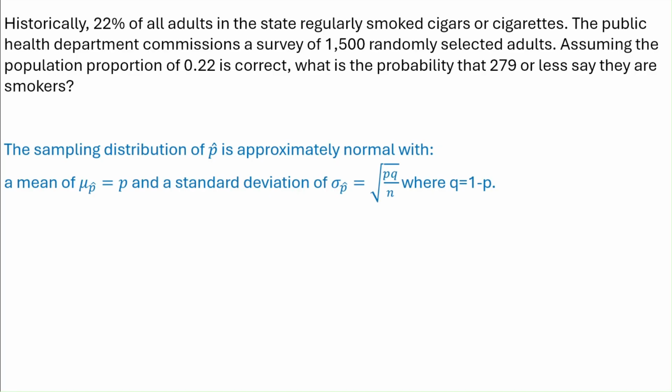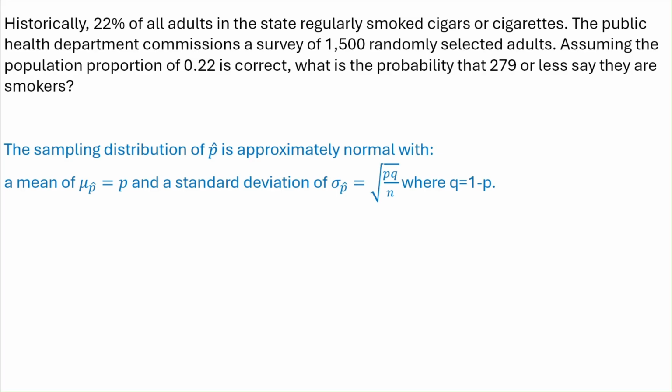Okay. So the sampling distribution of our sample proportions is going to be normal, where the mean, as we said, is the population proportion, 0.22, and the standard deviation is the square root of 0.22 times 1 minus 0.22, which is 0.78, divided by the sample size, which in this case is 1,500. You can just do that in a calculator if you want.